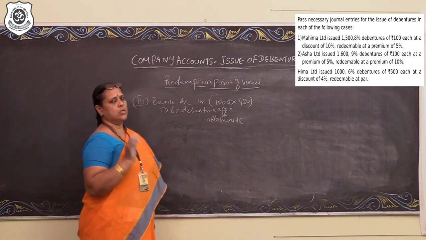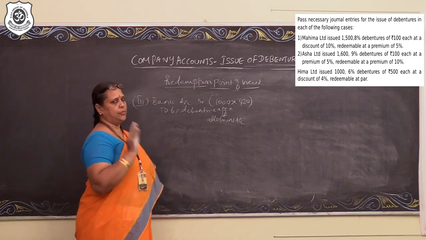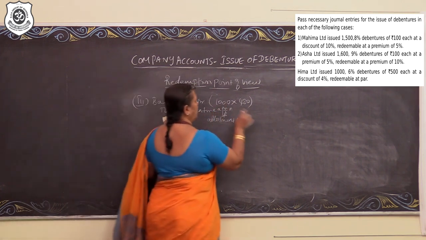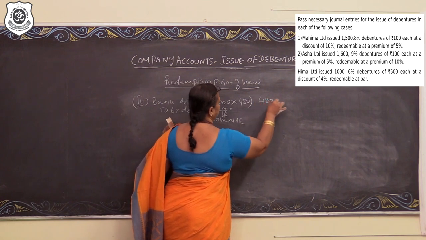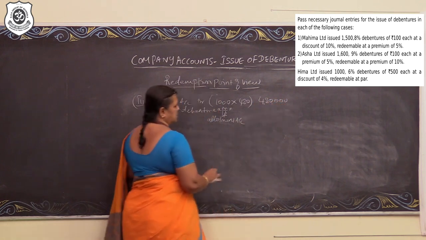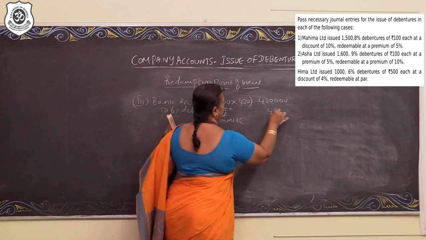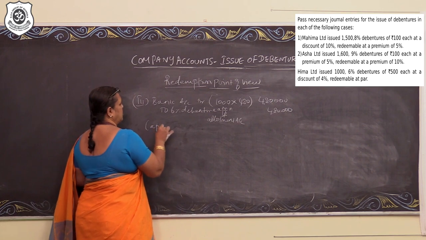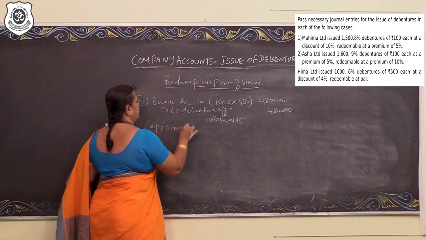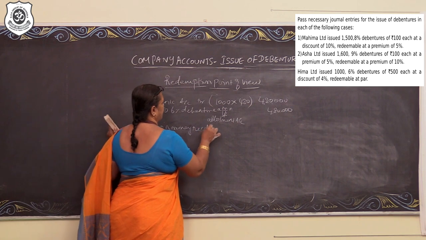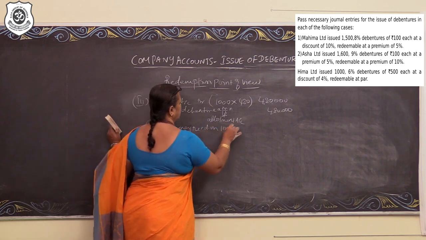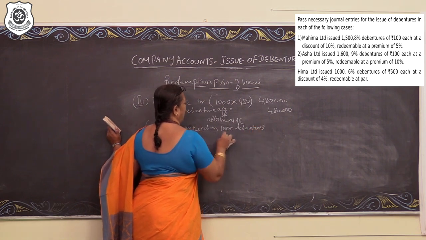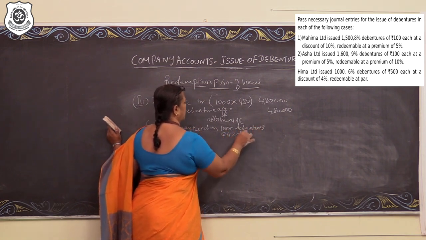It is issued at a discount of 4%. 4% of 500 is 20 rupees. So issue price is 480 rupees. 480 rupees into 1,000 debentures gives you 4,80,000. Application money received on 1,000 debentures at 4% discount.